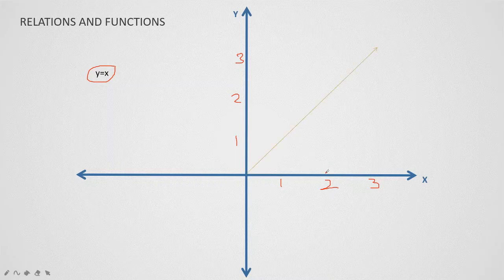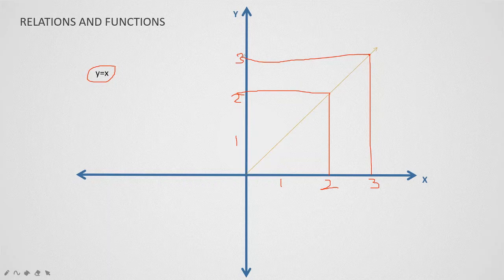Now if I take this point at 2, here also I will be getting 2. If I take this value at 3, here if I check this coordinate, that is 3, and the y coordinate is also 3.